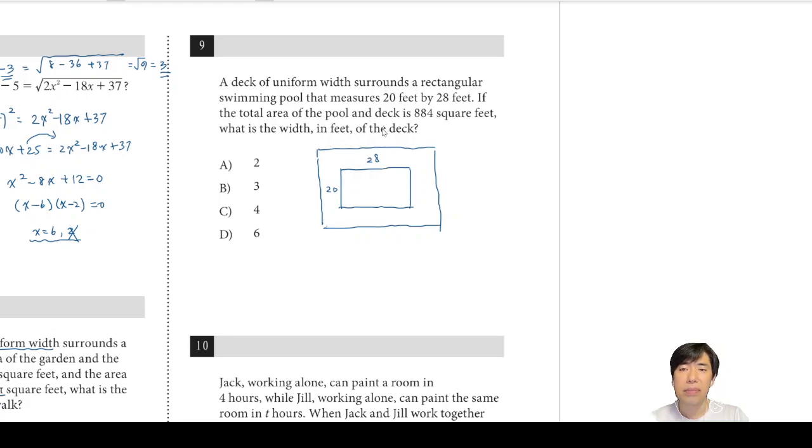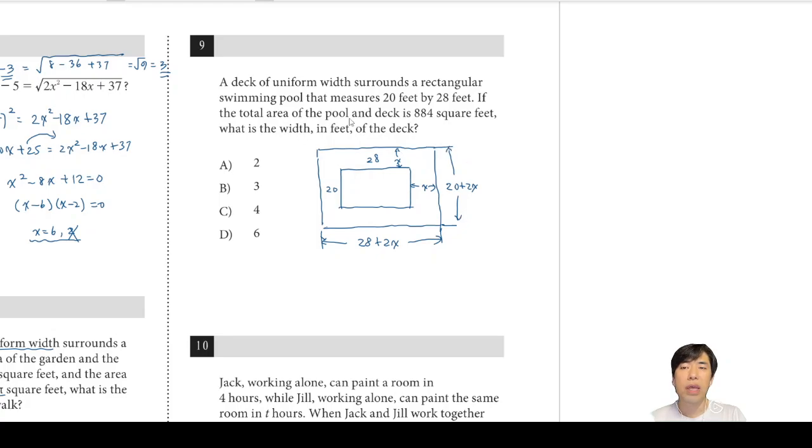Okay. So if this is x, this is also x. So this length must be, here's x twice, so that's 28 plus 2x. And this length must be 20 plus 2x.